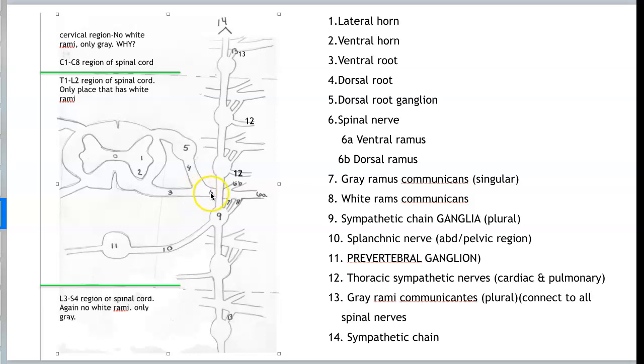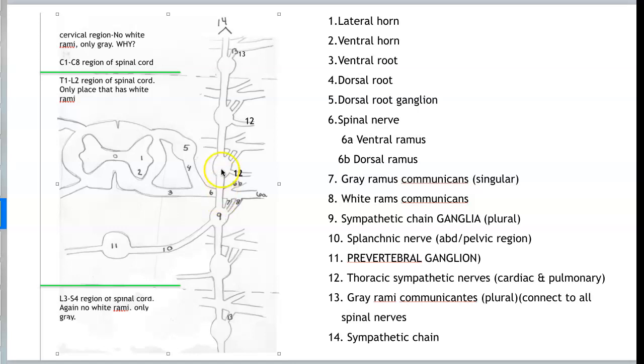Everything so far you know. Number 6, that's your spinal nerve. 6A is the ventral ramus. 6B is the dorsal ramus. Number 7 is the gray ramus communicans. Number 8 is the white ramus communicans. Number 9 is the sympathetic chain ganglia.